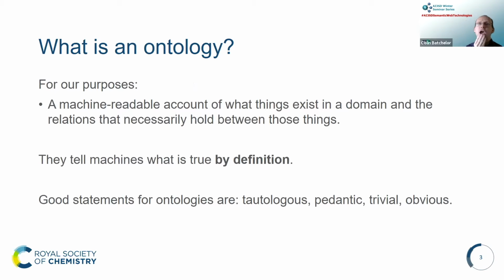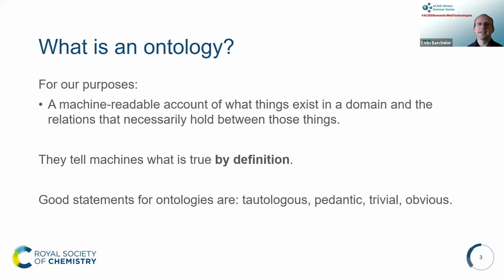So a hopefully uncontroversial definition of the computer science sort of ontology is that it's an account aimed at machines of what things there are, hopefully in a specific limited domain to make the task easier, and what relations necessarily hold between those things. That sounds very technical, so I'll expand with a few simple examples.